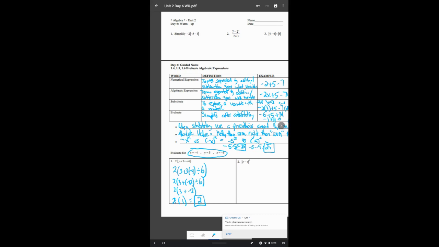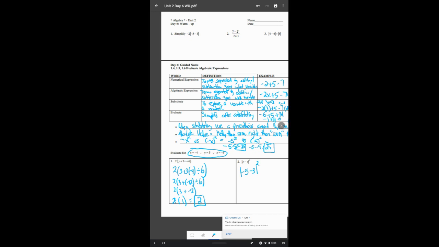This next one has the absolute value. So this is where you go into your calculator, you hit math, arrow to the right, hit NUM, and then select ABS for absolute value. I'm going to do it by hand though. So Z is -5 minus Y, which is 3. We have absolute value bars around it, and then that answer is squared. According to my order of operations, I'm supposed to do what's inside the grouping symbol first.